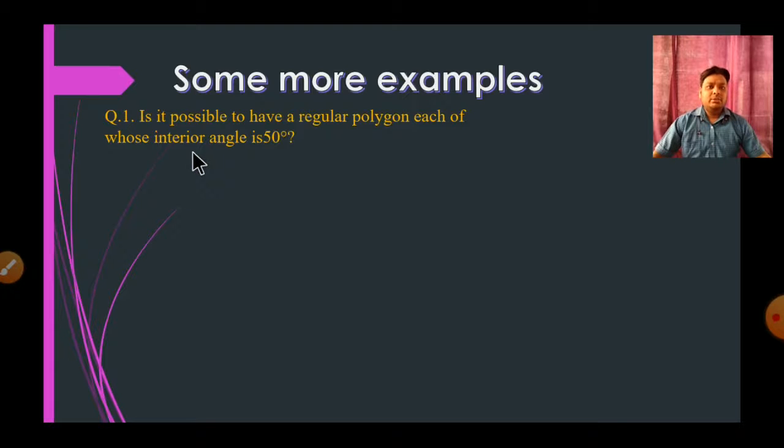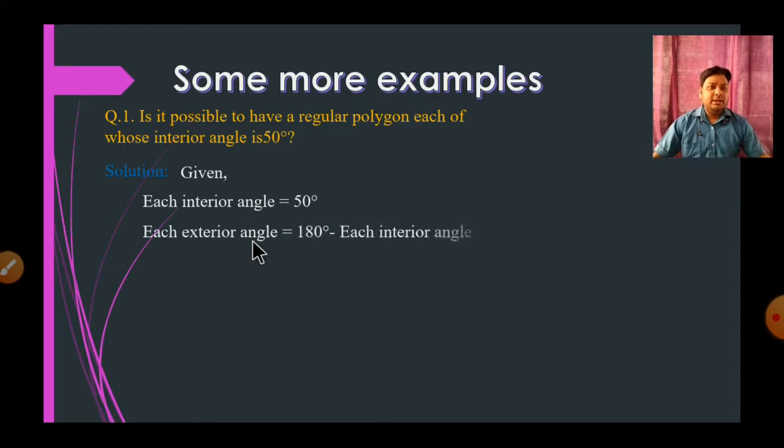Is it possible to have a regular polygon each of whose interior angles is 50 degrees? Let's see how. At first, what is given? Given that the interior angle is 50 degrees. Now, we know the formula which we discussed in the previous class, that each exterior angle is equal to 180 degrees minus each interior angle.